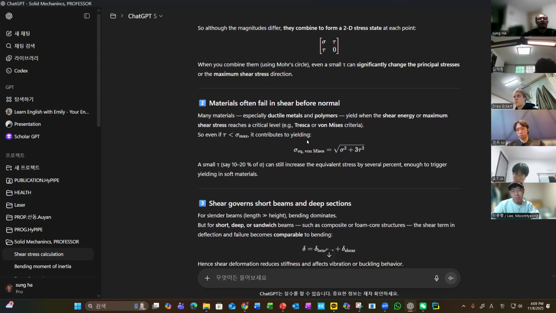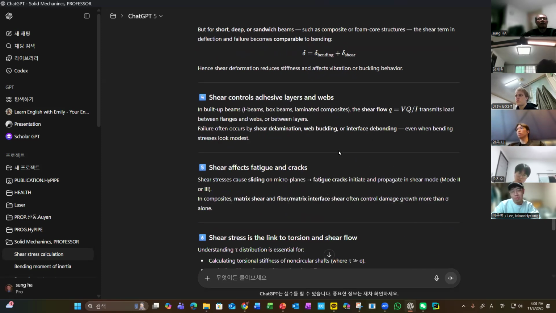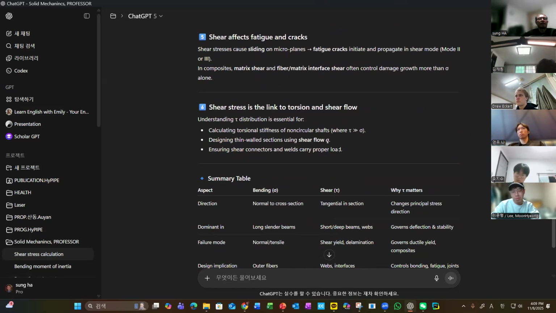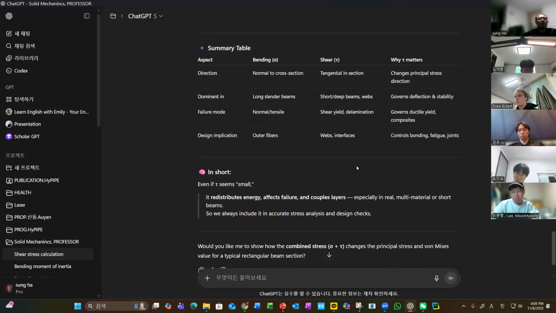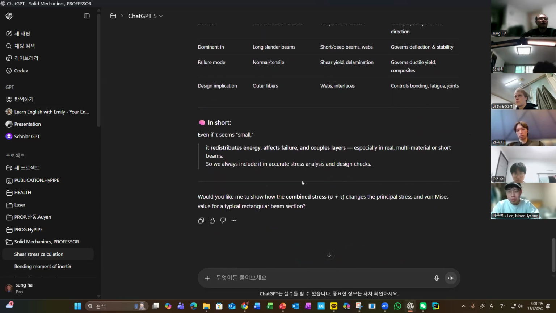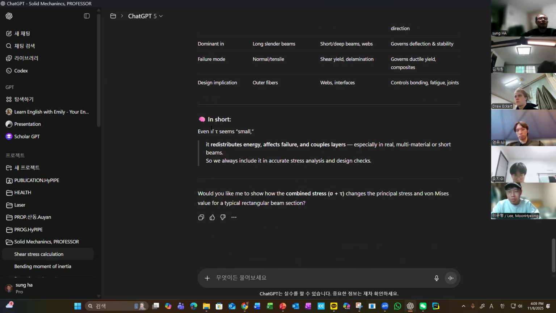That's why it says we may need to consider tensile stress and shear stress together. That's one point. Not so much the main point, but you need to understand it in your own way. Tau, in short, seems small, but it redistributes the energy and affects the failure and coupled layers in real things.